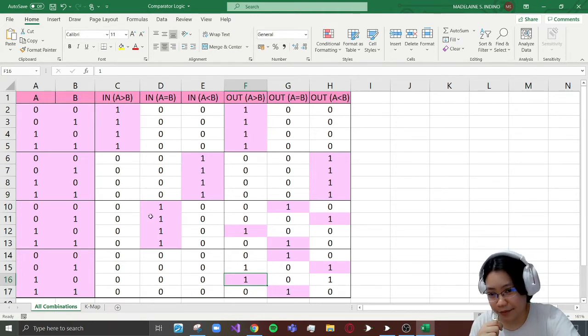However, when we get an A is equal to B input, we can see that there is a variation.